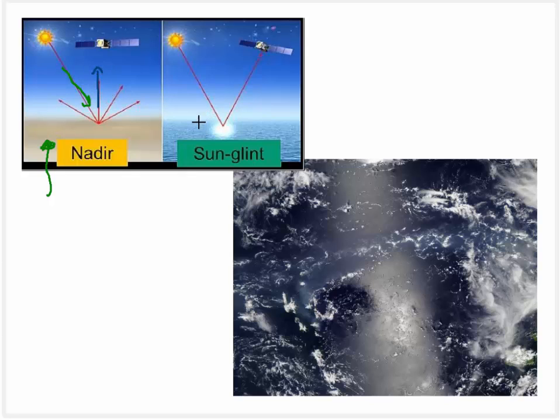In regions where there's lots of water, then we can actually have specular reflection, and as the satellite flies overhead like that, there's going to be a region where when it looks down it's just going to see a very bright image of the sun. You can kind of see this in this imagery right here. The satellite's flying overhead and it's seeing this region right here where it's receiving a specular reflection from the sun. Rather annoying, because if you're trying to make measurements in that region, it's kind of hard with the sun shining directly in your eyes.